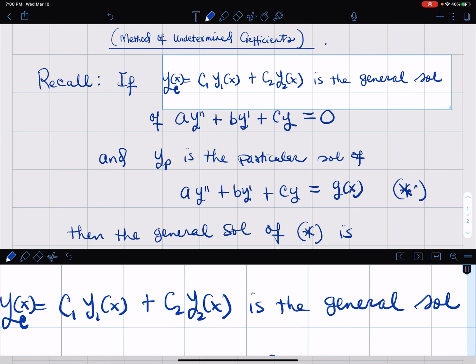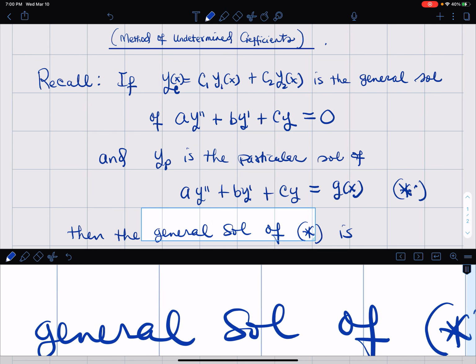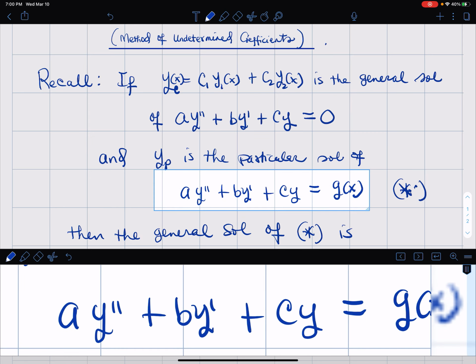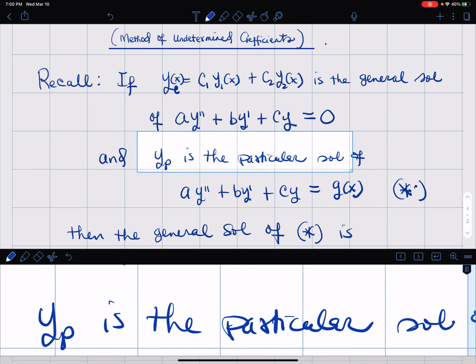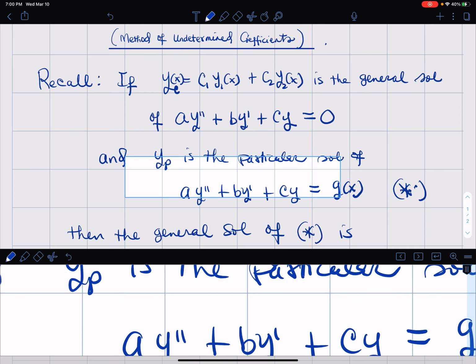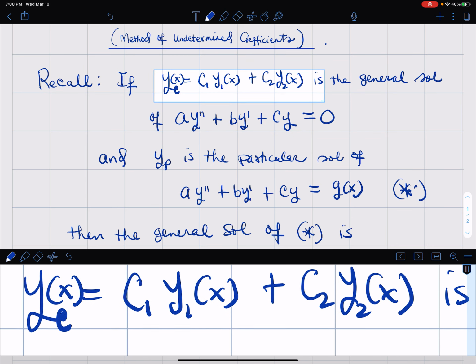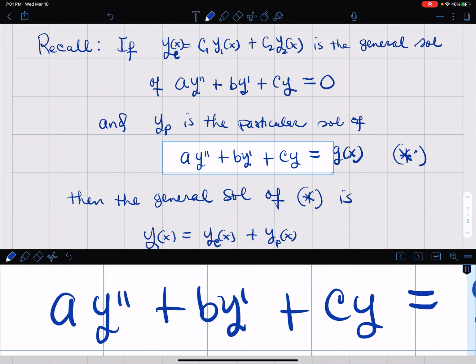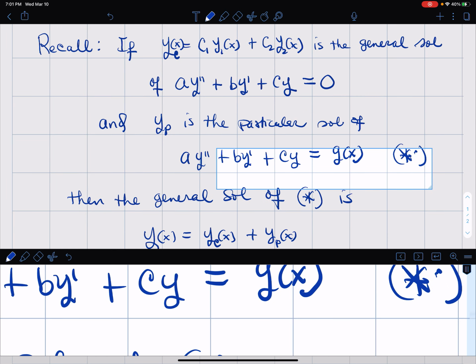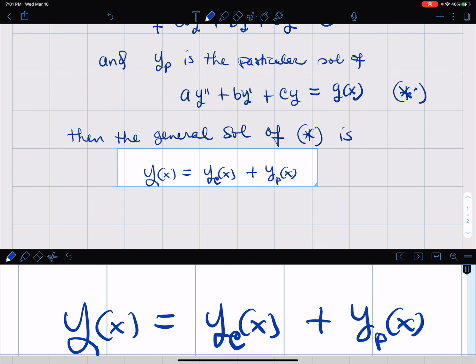So if we have a homogeneous equation, and we have a corresponding non-homogeneous equation whose left-hand side is the same as that of the homogeneous equation, and assuming yc is the general solution of the homogeneous equation, and yp is a particular solution of the non-homogeneous equation, then the general solution of the non-homogeneous equation is just yc plus yp.